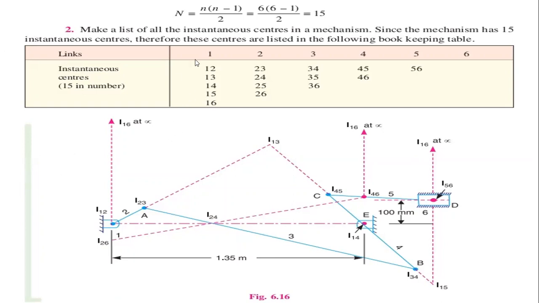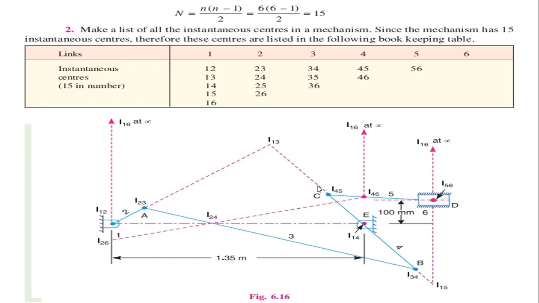For the first link, it has the instantaneous center of 1 and 2. This is the first link and this is the second link. This is the third link and this is the fourth link.